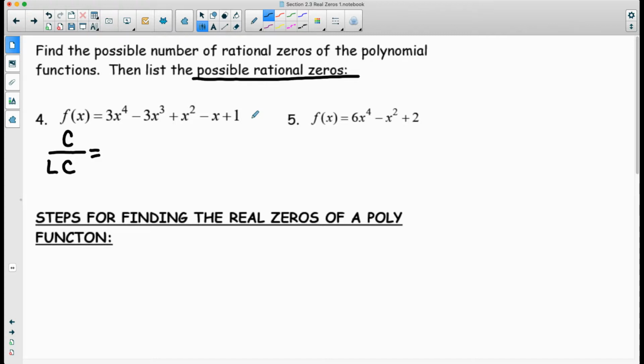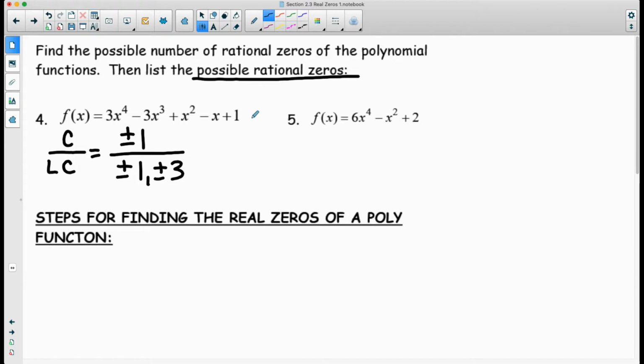So all the numbers that go into my constant are just, thankfully, 1. Okay? So then I would just include plus or minus. You're going to include plus or minus with every number. Okay? And then all the numbers that go into my leading coefficient, which is 3, are going to be 1 and 3. So like I said, this one's real nice.